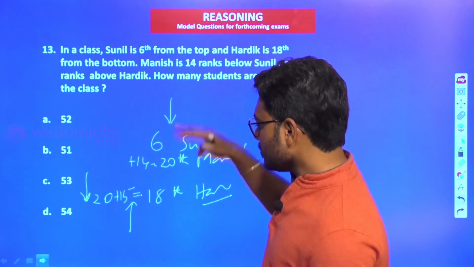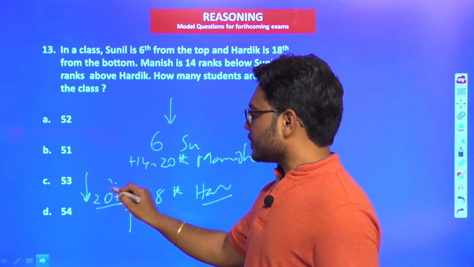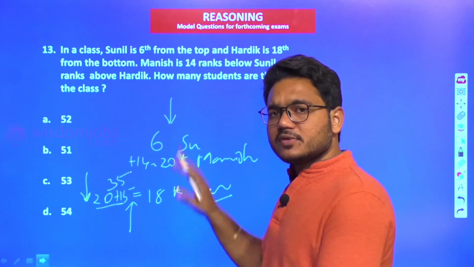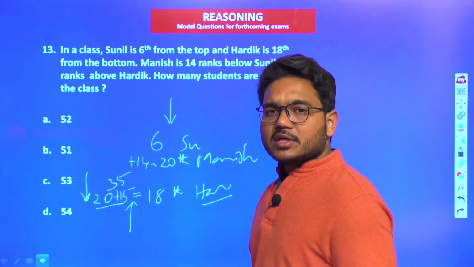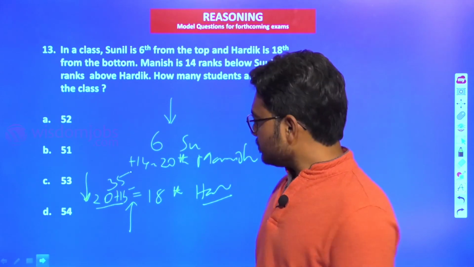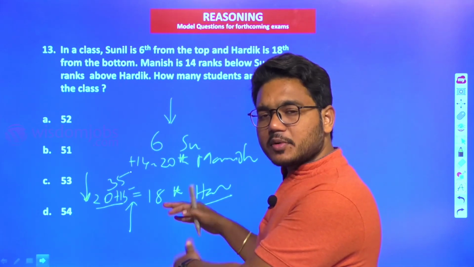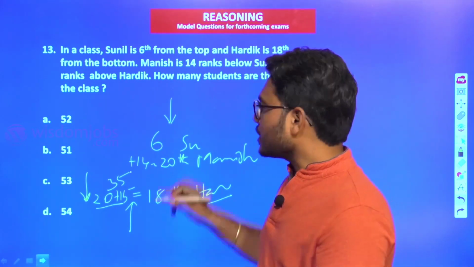So Hardik is 18th from the bottom; from the top what is the position? 35th. So it is obvious from the given information what the total number of students could be. There is a common thing here: the 35th position and the 18th position from the bottom are the same. So we need to exclude that number.